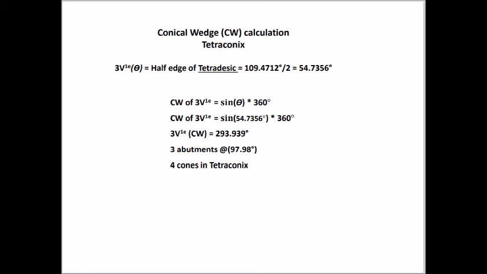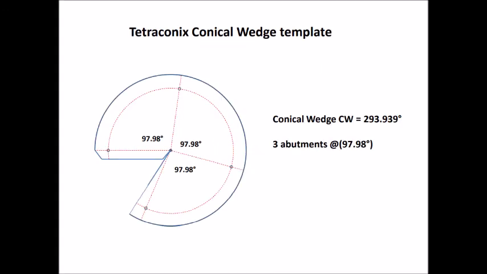We then take the sine of this angle and multiply it by 360 degrees. This results in a conical wedge of 293.939 degrees. We divide this by 3 to find the abutment points, and this is the resulting template for the conical wedge of the tetraconix. And now I'll demonstrate its construction.